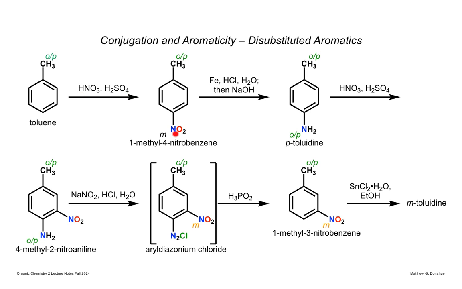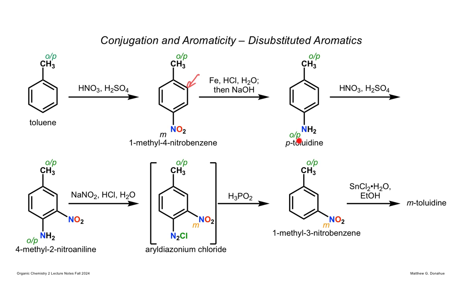So now we have 1-methyl-4-nitrobenzene. The nitro group, however, is a meta-director. So we can't do anything just yet, because if we react now, it's going to install a group there, which we don't want. So we're going to do that switch in polarity where this nitro group is reduced with iron and HCl and water, adjust the pH to get the amino group.